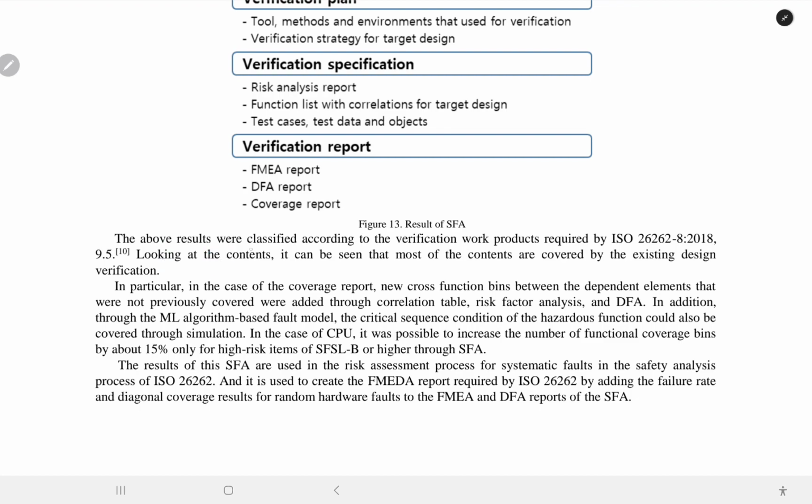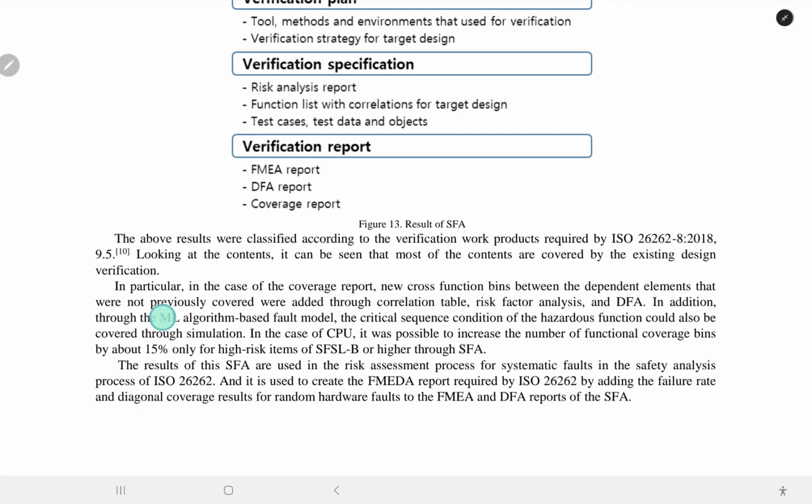Looking at the contents, it can be seen that most of the contents are covered by existing design verification. In particular, in the case of the coverage report, new cross-function bins between the dependent elements that were not previously covered were added through the correlation table, the risk factor analysis, and DFA.